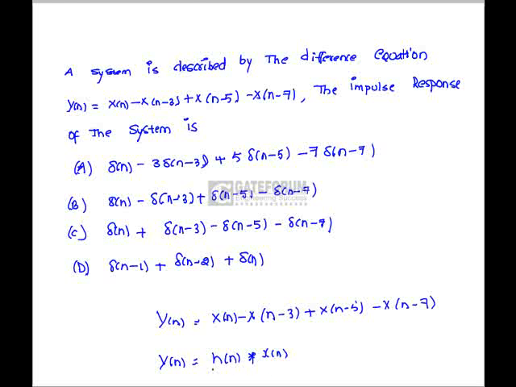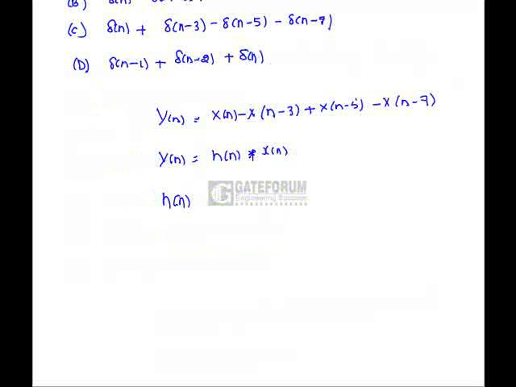So with the help of this property, h(n) is nothing but δ(n) − δ(n−3) + δ(n−5) − δ(n−7). Hence option B is correct.